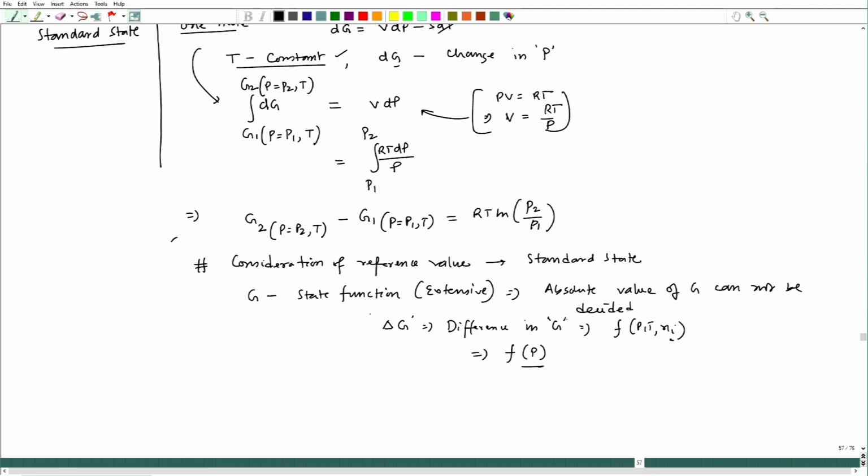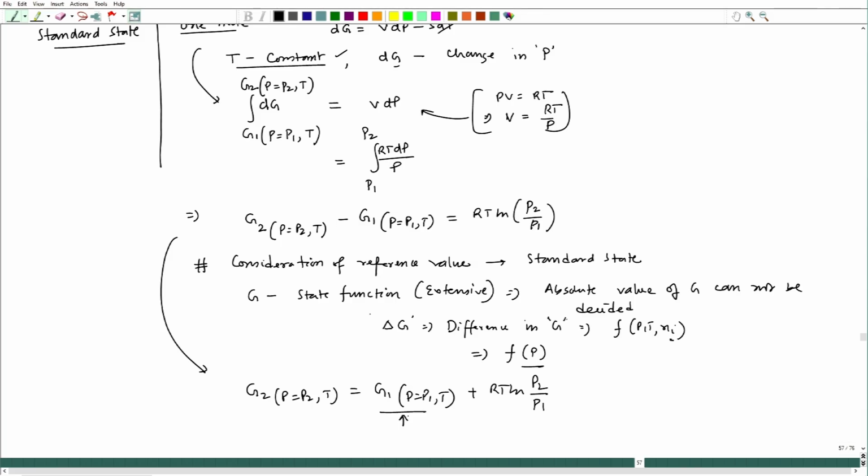Now, so then this equation can turn a bit into G2 at P2, T equal to G1 at P1, T plus RT ln P2 by P1. We need to find out this value.